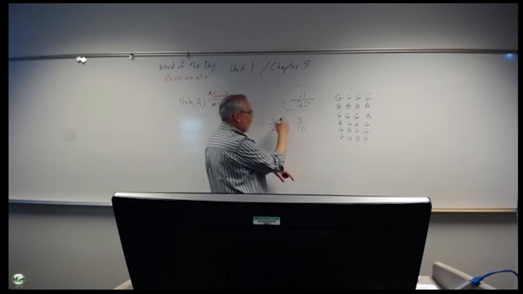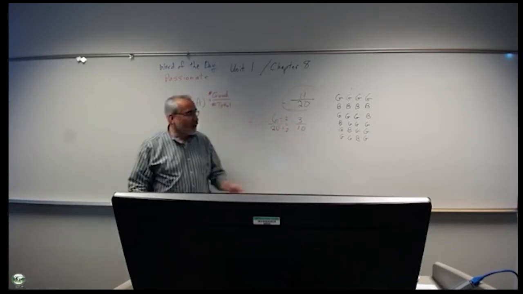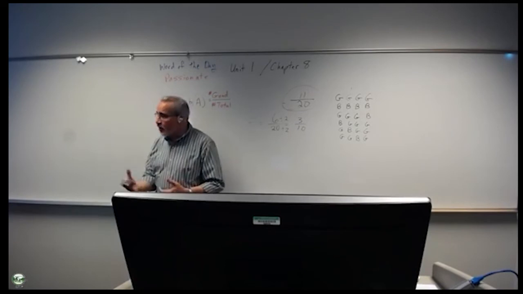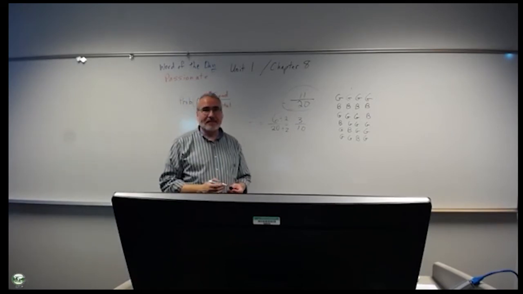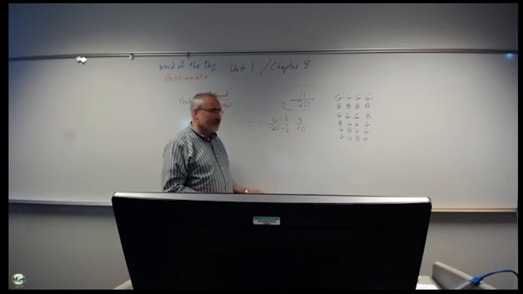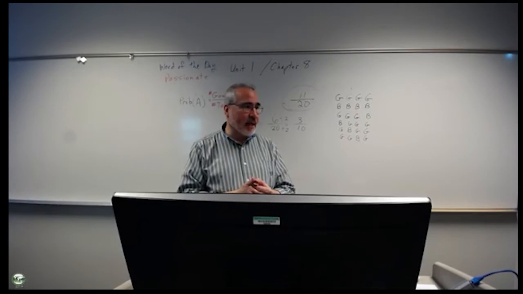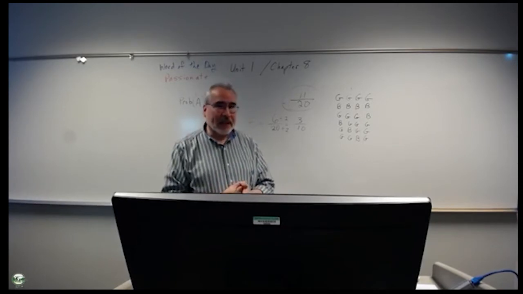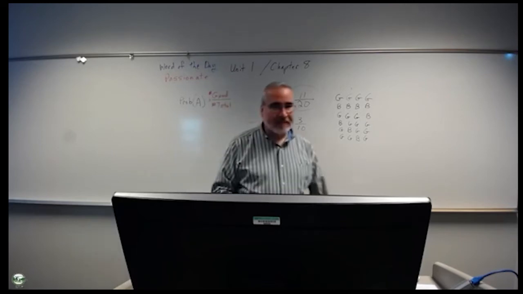Good, because each of these can be divided by 2, and that's how we reduce. We could leave it like that, or turn it into a decimal, 0.3, or 30%. A lot of you are probably faster at math than I am, but I'll get there.